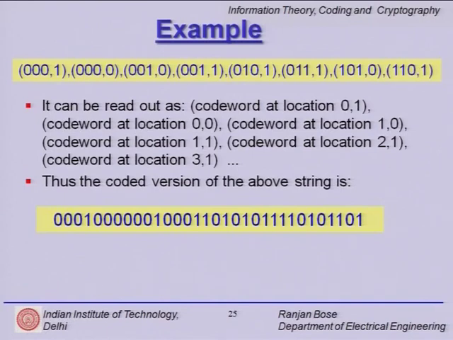Now what do I do at a decoder? Well, decoder knows, since he is a friend, that we are doing a fixed length code. So fixed length code means every 4 bits represents a symbol. So I look at the first 4 bits, it's 0 0 0 1.